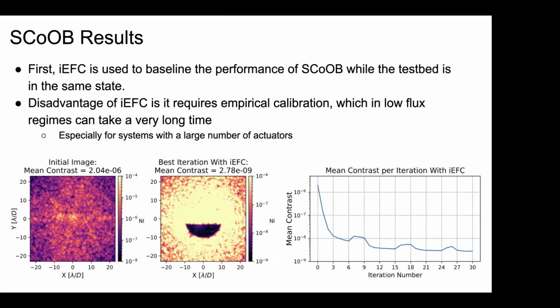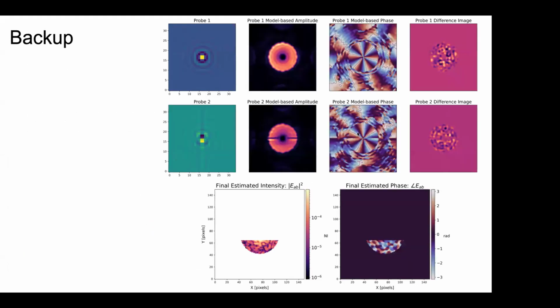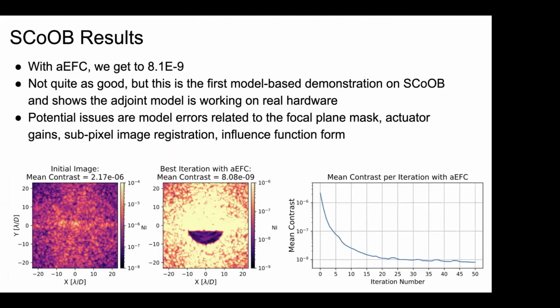When I was running pairwise probing or measuring these images for contrast, I typically used an exposure time of 100 milliseconds and stacked 30 frames, so each exposure was 3 seconds.